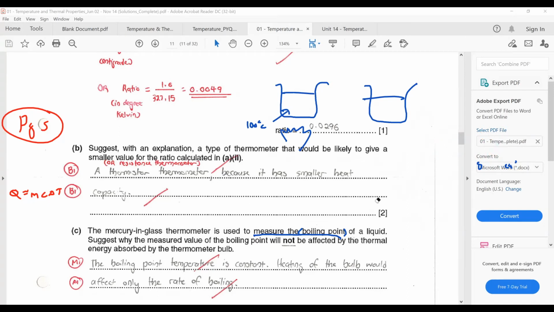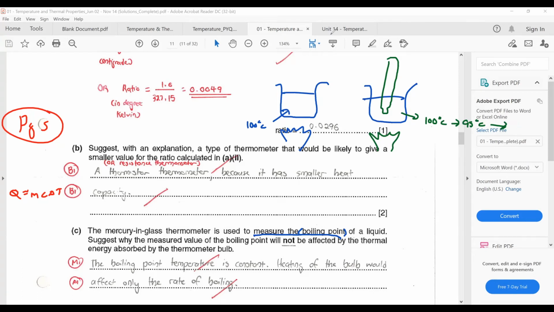If you were to put a thermometer with some value of specific heat capacity inside, the moment you put your thermometer inside, you could say that the thermometer is absorbing some of the heat away from your water. So maybe the temperature will drop from 100 degrees to maybe 95 degrees centigrade. But because you're still heating it, it will eventually reach back 100 degrees centigrade, isn't it? And then after that, it will maintain constant there, right?